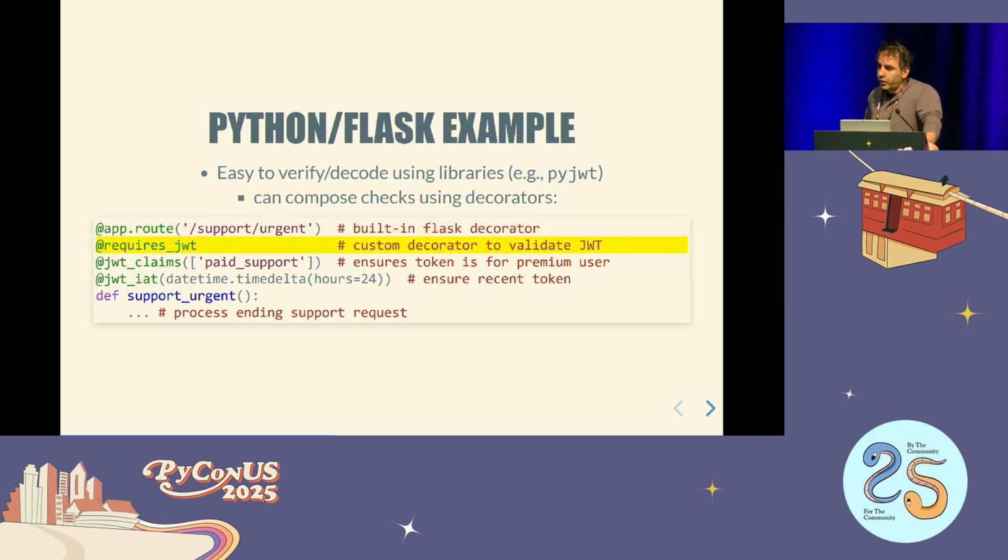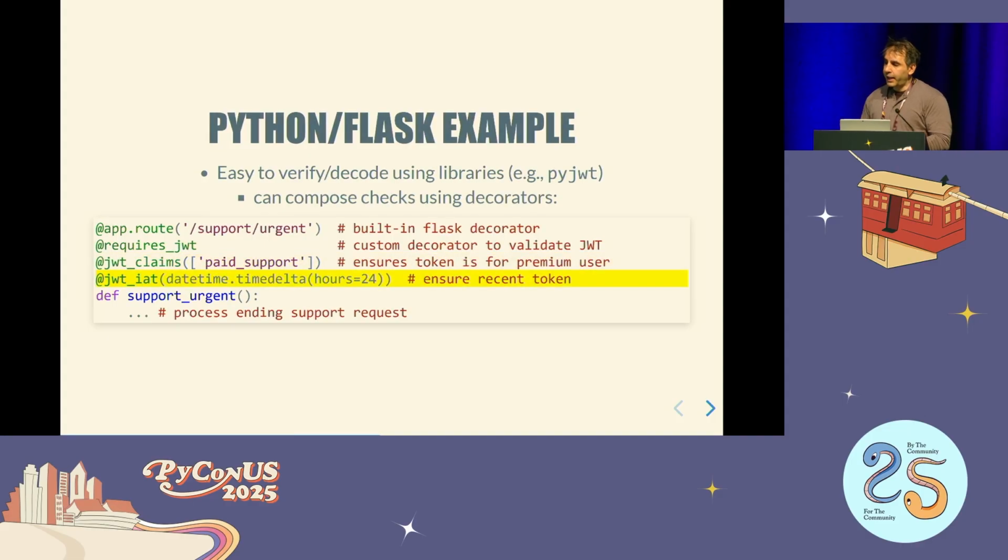Then we're going to have our own custom decorator called @requires_JWT. This is just going to check that we've got a valid JWT, and if you do, you continue. If not, you're going to get rejected. Next, we have JWT claims. In this decorator, we're going to say we want the claims to have something that says the user paid for support. Because if we're going to provide urgent support, we want to make sure they've paid for that.